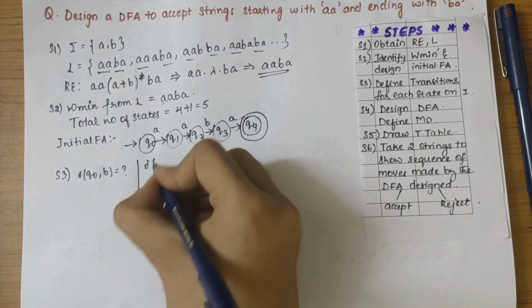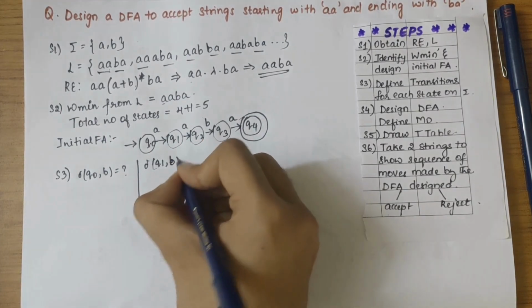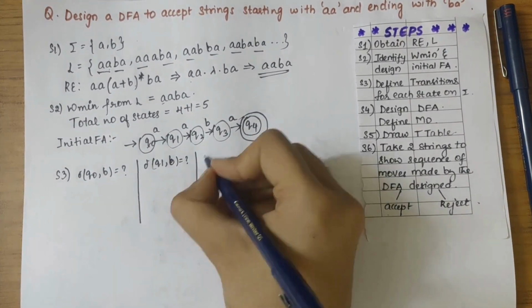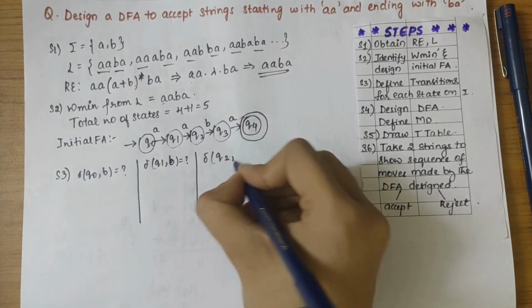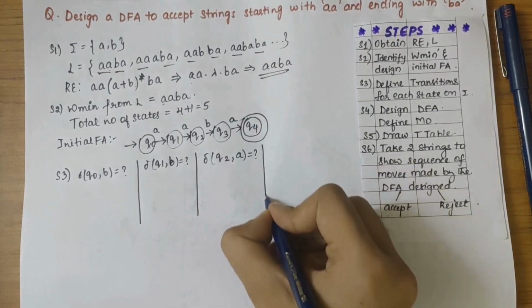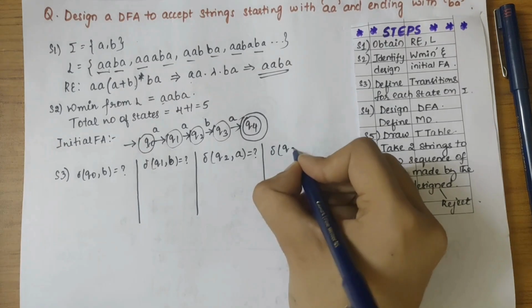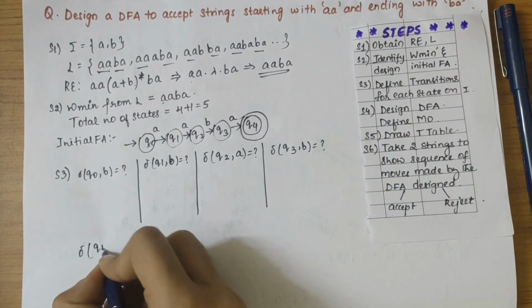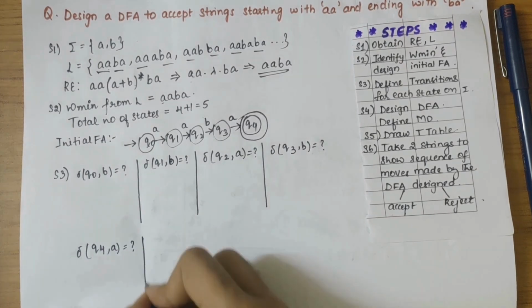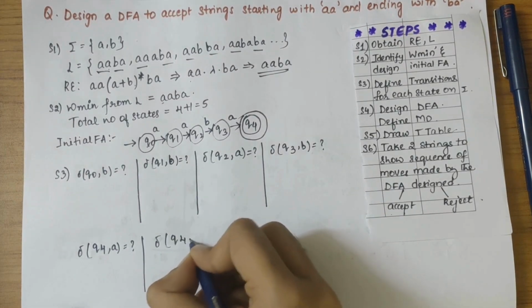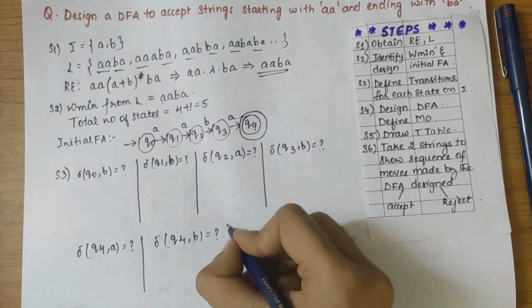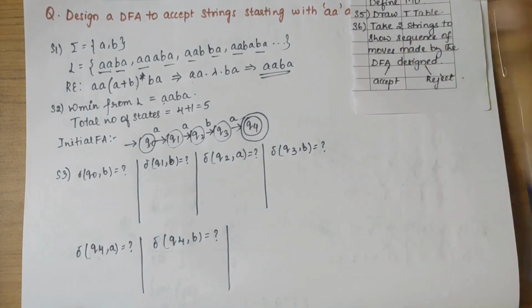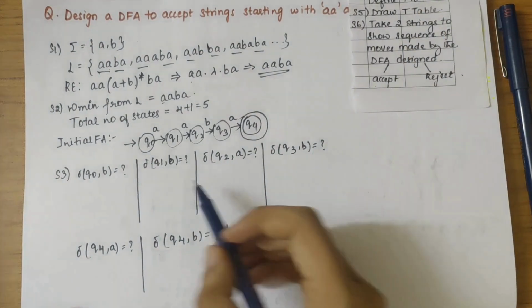Followed by that, the transition of Q1 on B is unknown, Q2 on A is unknown, Q3 on B is unknown, Q4 on A is unknown, and Q4 on B is also unknown. So let's solve these one by one.